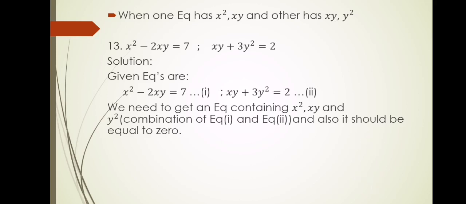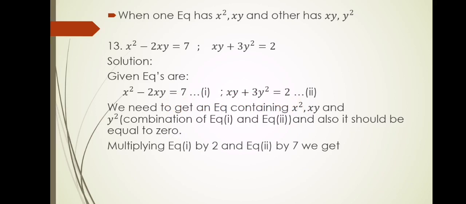So for this, since we need to get the right hand side equal to 0, we will have to make the right hand sides equal to each other. So for this we will have to multiply equation 1 by 2 and equation 2 by 7, so that on the right hand side of both the equations we may have the same term, and if we subtract them we get 0.